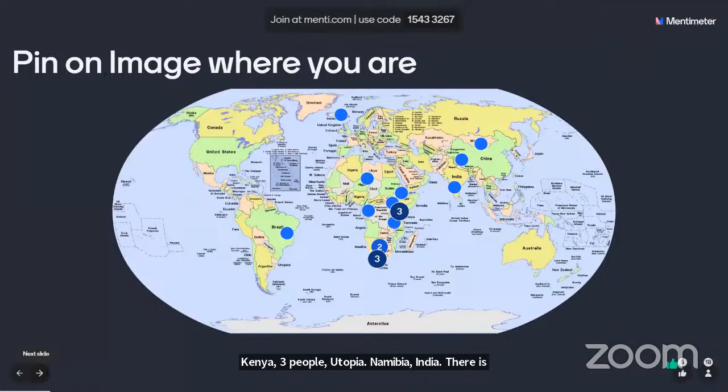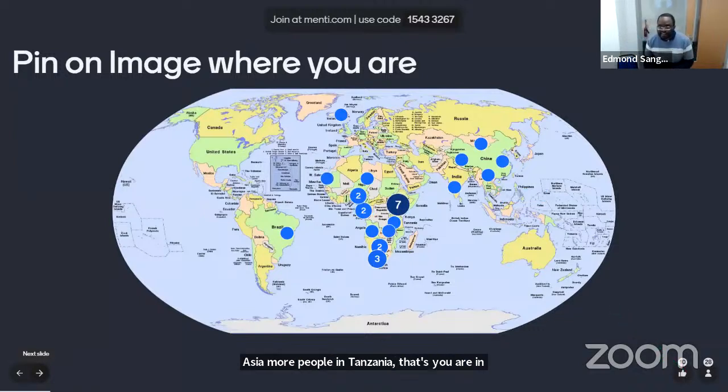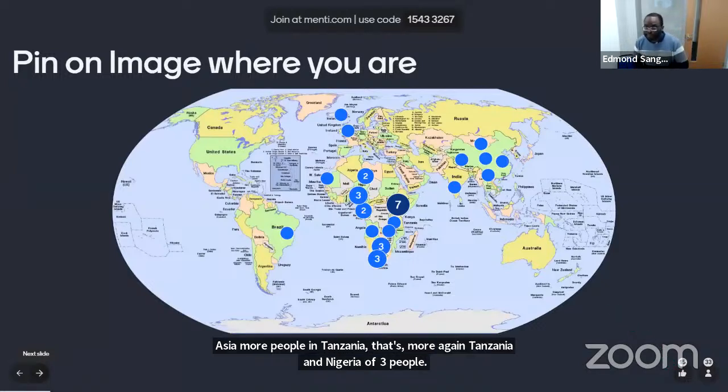That's interesting. More people from Southeast Asia, more people in Tanzania. Dr. Bomi, that's you in the Philippines. More again, Tanzania and Nigeria, 3 people. Congo, that's Congo Brazzaville, 2 people as well.